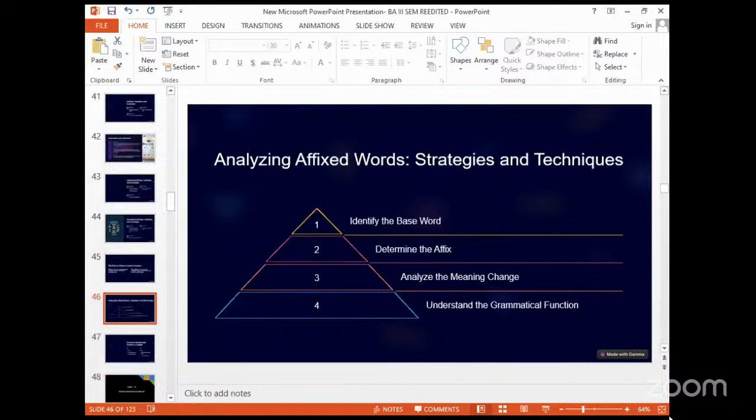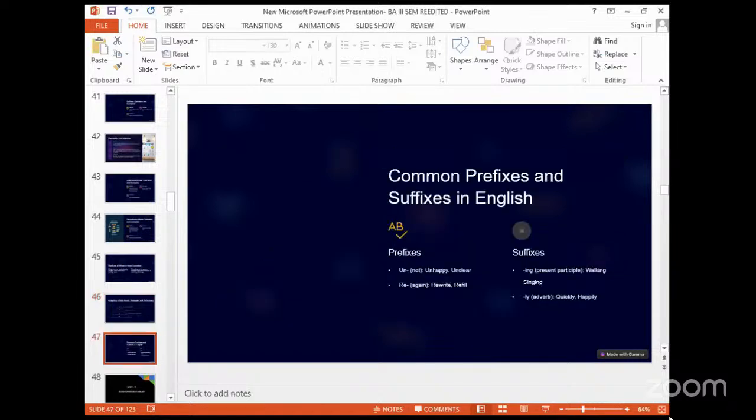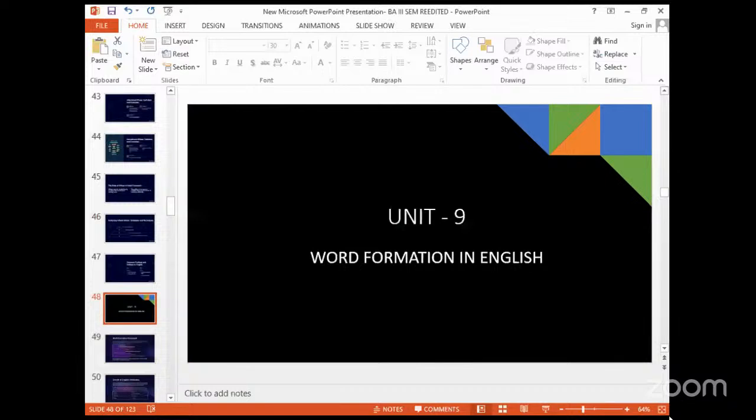Now, let us quickly look into the strategies and techniques for affixed words: you identify the base word, determine the affix, analyze the meaning change, and understand its grammatical function. Now, common prefixes and suffixes in English: you have the prefix un, then re, as in rewrite, refill, regain, then the suffixes ing, walking, singing, and ly, quickly, happily, and so on.